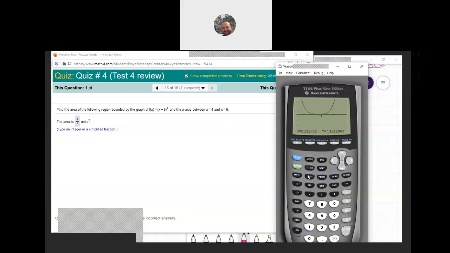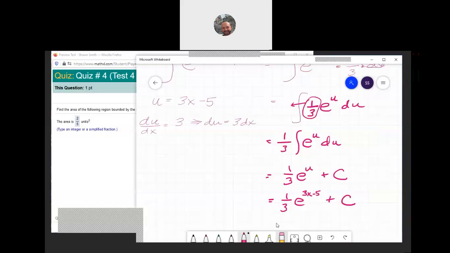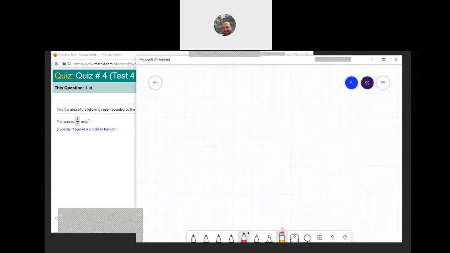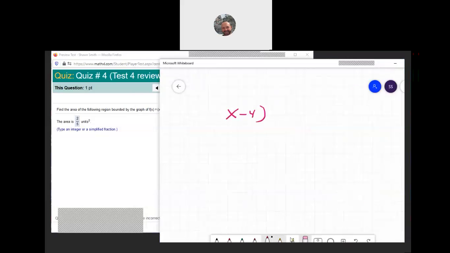If you do this algebraically to figure out where the x-intercepts would occur, if there are any, we've got (x minus 5) to the 4th. Set that equal to 0.